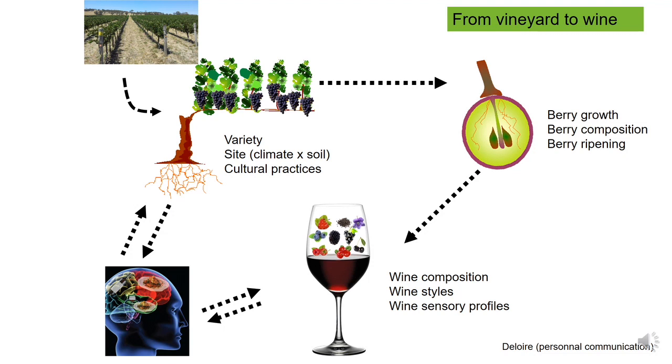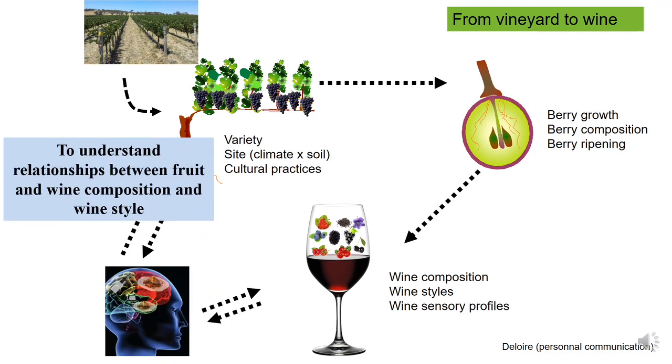And then the relation between wine composition and wine styles or wine typicality is not very obvious either. So if you want to assess that abiotic factors or cultural practices did affect wine styles, it's very important to go to sensory analysis or to wine tasting.